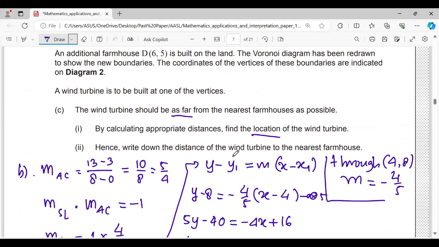Write down the distance of the wind turbine to the nearest farmhouse.